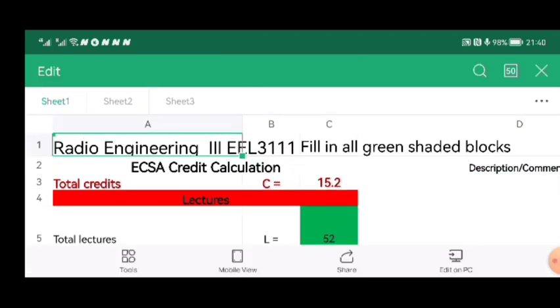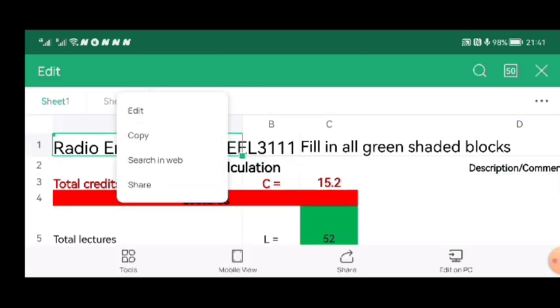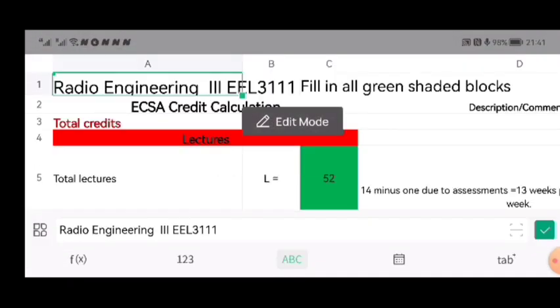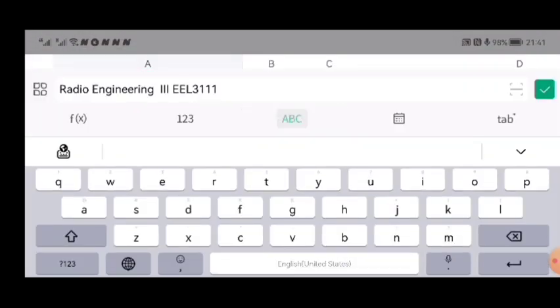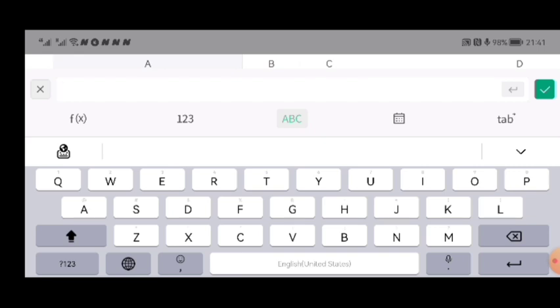We'll have to change the name of the course. We don't have enough time for this, so we'll just put an abbreviation for the course, which is computer and smartphone literacy.